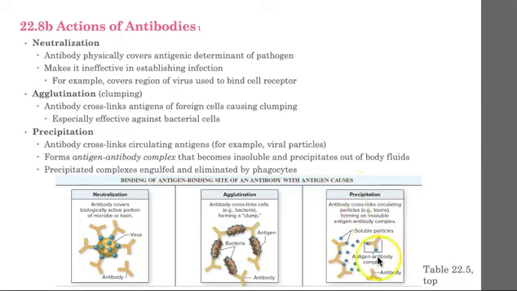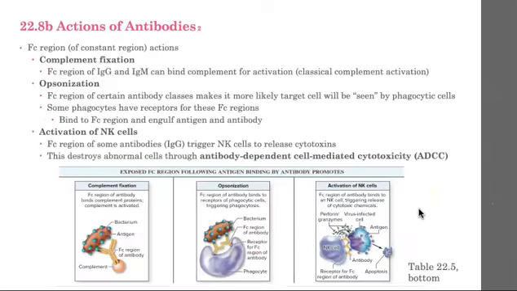Then we have precipitation, and this is when our antibodies are going to cross-link circulating antigens, for instance, maybe some viral particles, and form an antigen-antibody complex that becomes insoluble and precipitates out of the body fluids. Precipitated complexes are engulfed and then eliminated by our phagocytes.